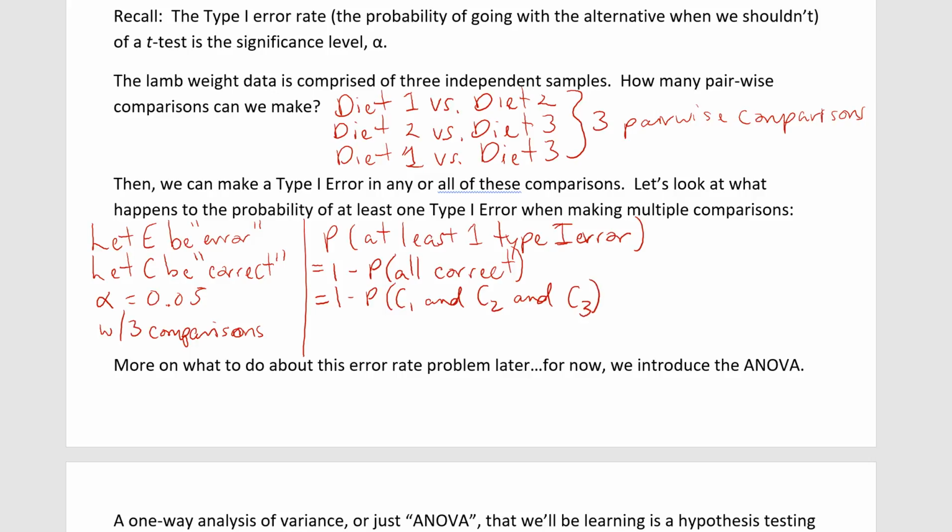And of course, this is assuming that we have independence, which is a very strong assumption. It's probably not met, but if they were independent, that would be 1 minus the probability of being correct on the first times the second times the third.